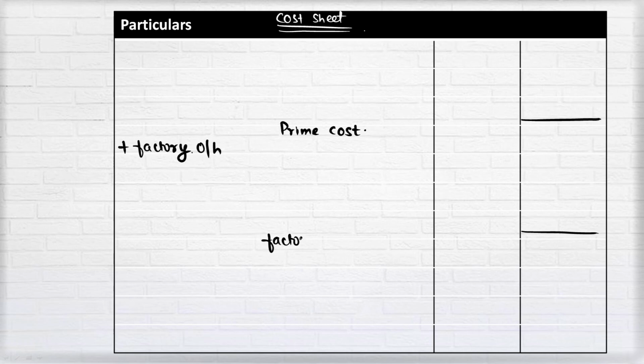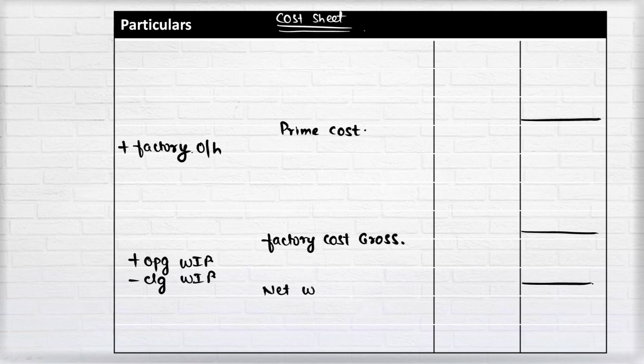This will be factory cost, which is gross or work cost, plus opening WIP is there, minus closing WIP. I will be getting net work cost. I am carrying forward net work cost.